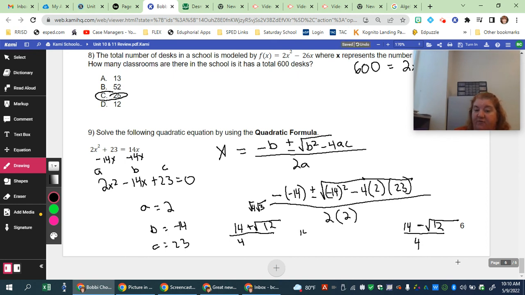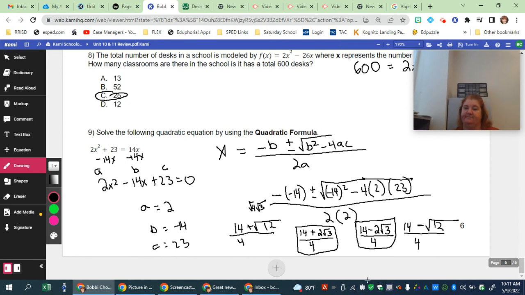So I can go 14 plus 2 radical 3, over 4. There's one answer. And then over here, I can do 14 minus 2 radical 3, because I'm simplifying that, all over 4. So there's my 2 answers. Okay?